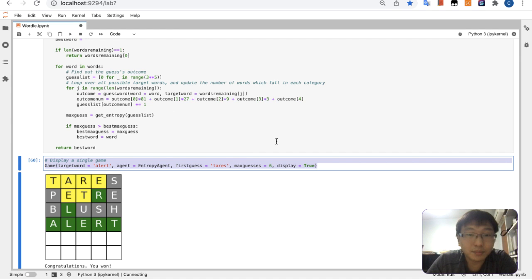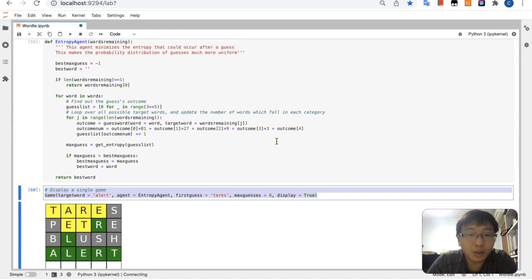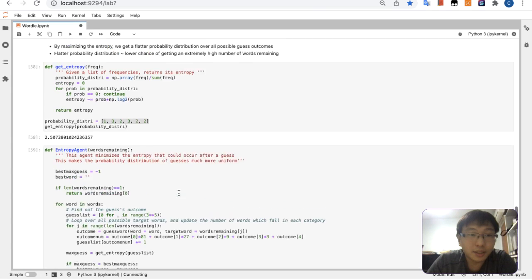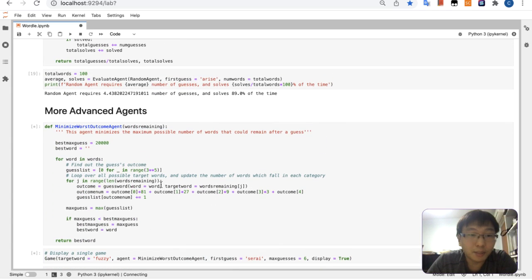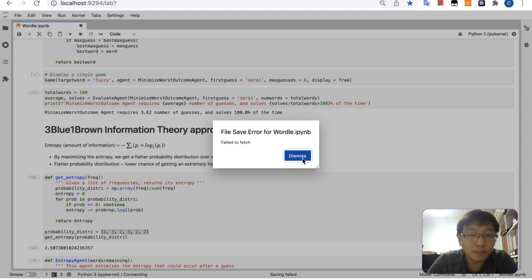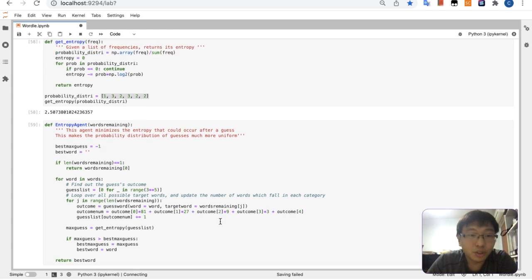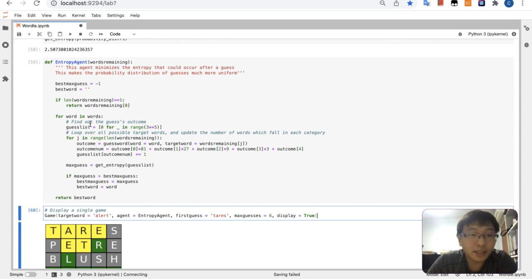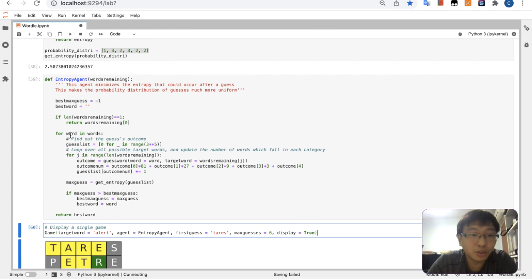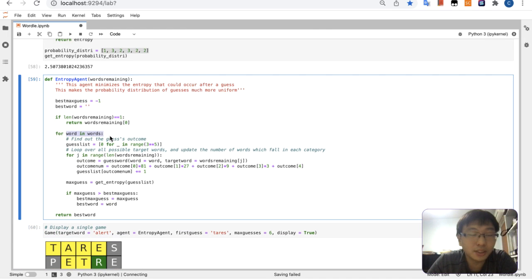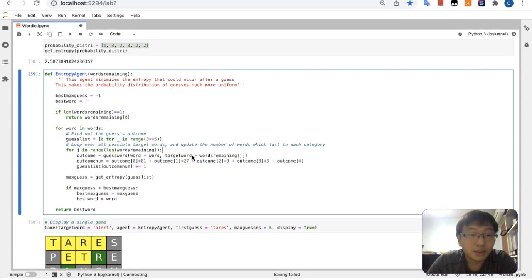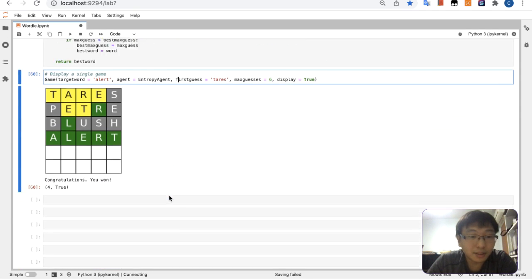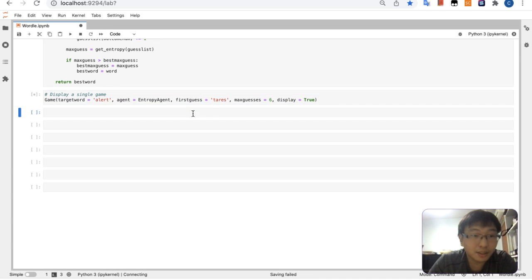I'll run both the minimize worst outcome and the entropy agent across all possible n words. I also let it guess in easy mode, so we can let it guess across all words. This will require more time, but I hope I can continue. Okay, I just reconnected.